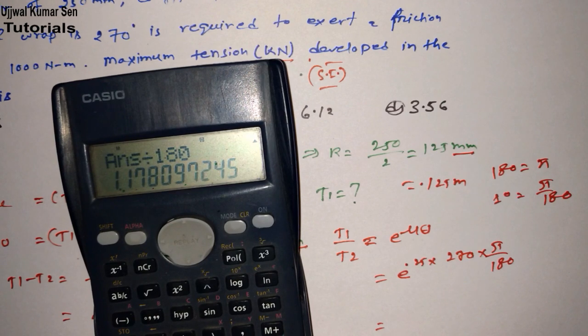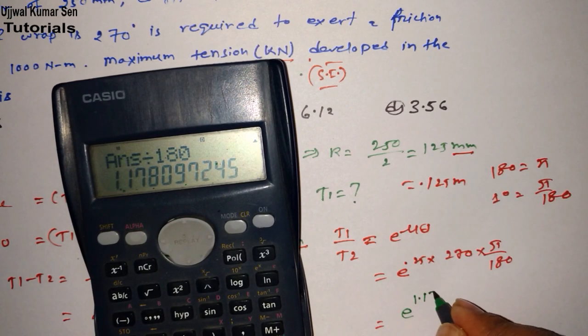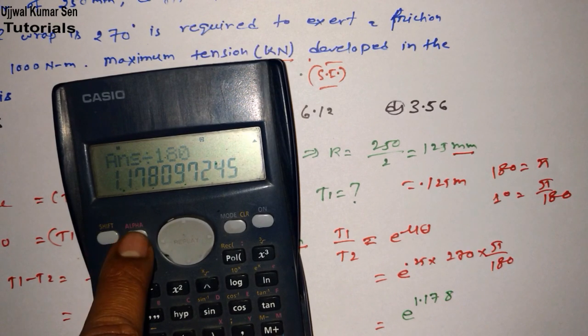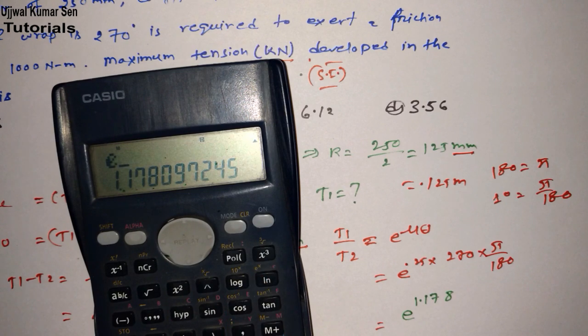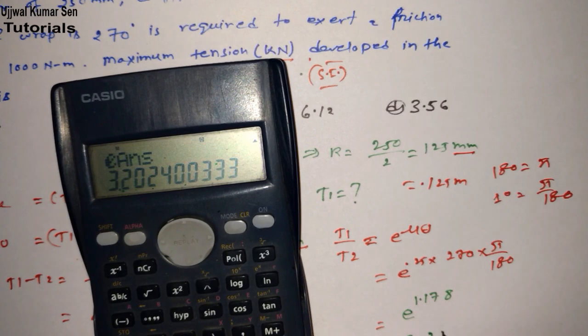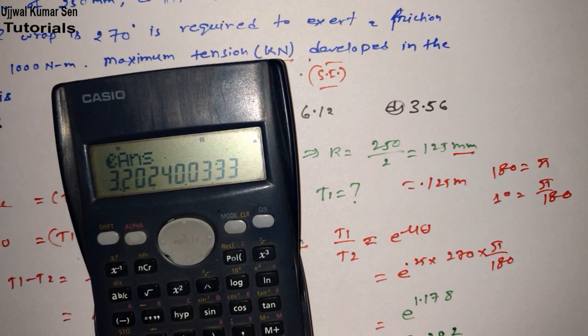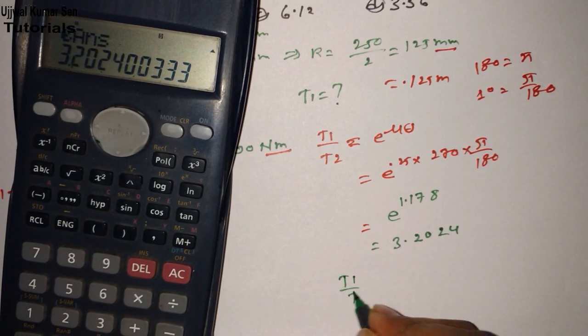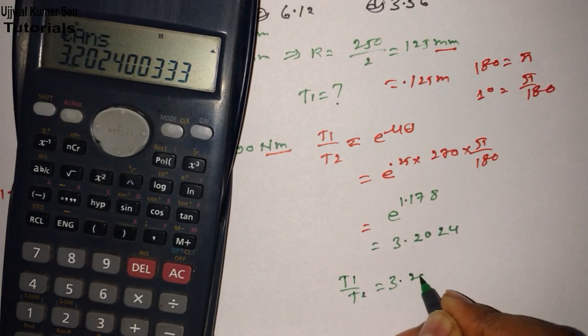So we got e to the power 1.178. Let's find out e to the power of that. Answer is 3.2024. So what we got basically from here, T1 by T2 is equal to 3.20.